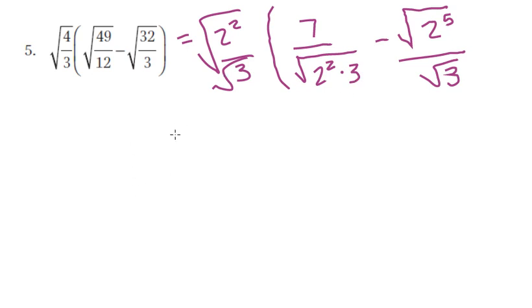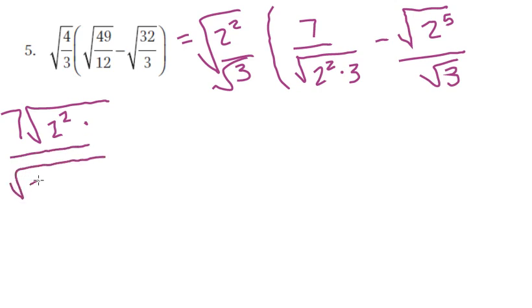So right now, when I go to multiply, I'm going to multiply my first terms, and my first giant denominator is 2 squared times, that 7's on the outside. So that's 7 times 2 squared over the square root of, now we have 3 squared times 2 squared.